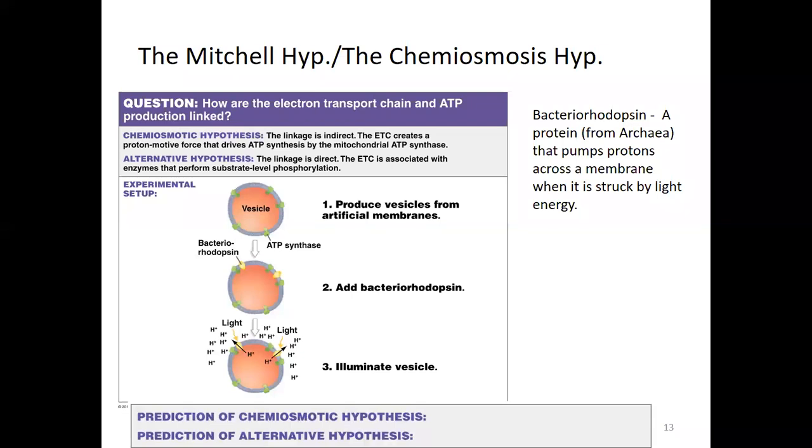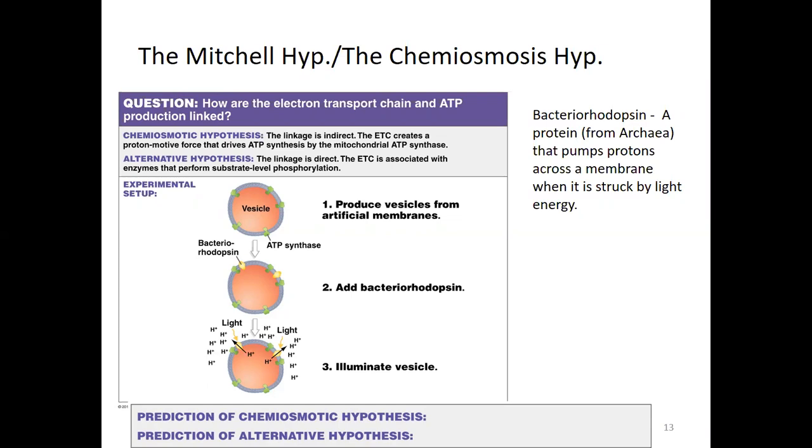The way she tested this is she used something called bacteriorhodopsin. It's a protein from archaea that pumps protons across the membrane when struck with light. She produced vesicles, which, remember, are just bubbles of phospholipids, from artificial membranes.